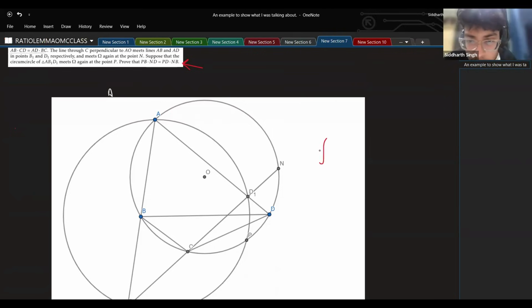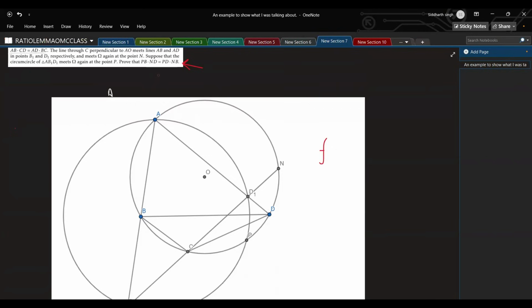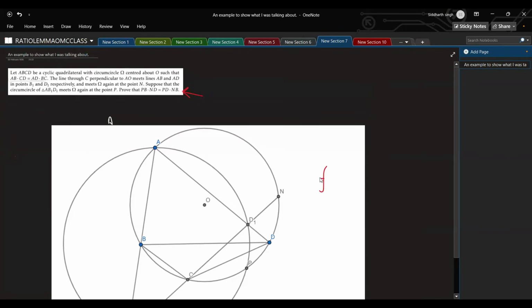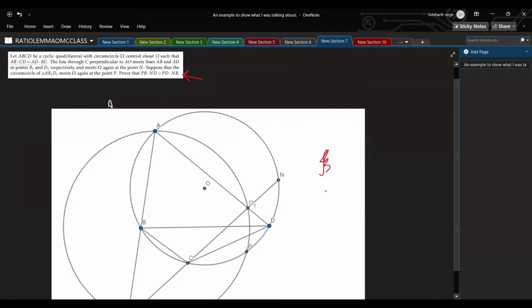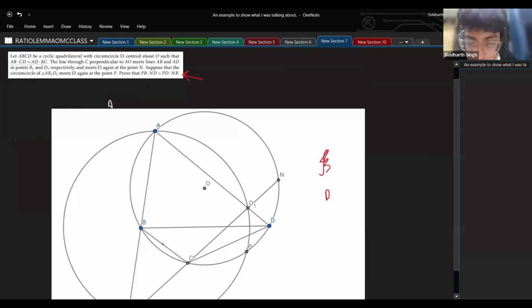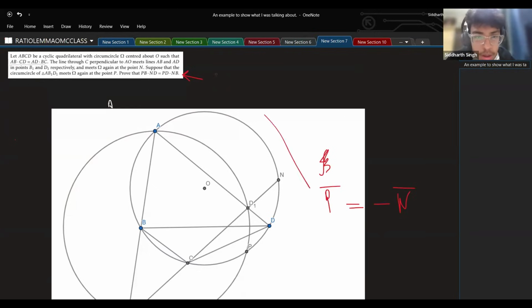Wait, no, we were following some other convention. So we are defining ratios with respect to B and D. So P bar is equal to minus N bar. This is what we have to prove.